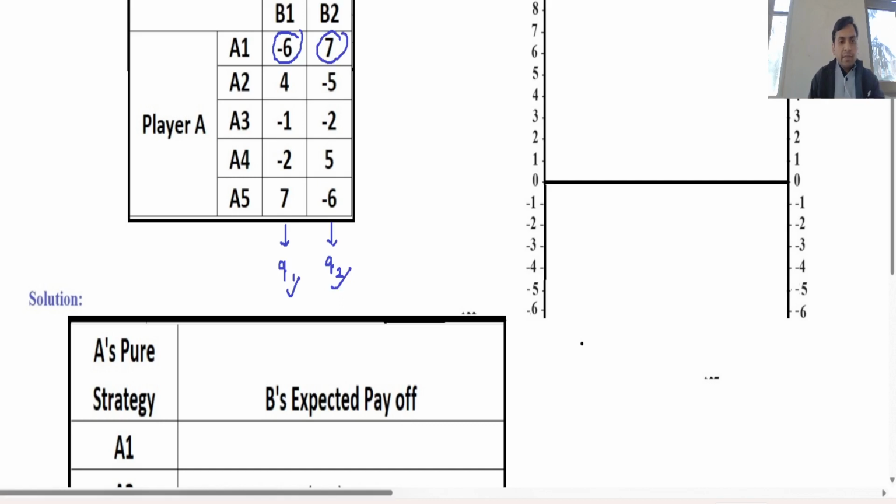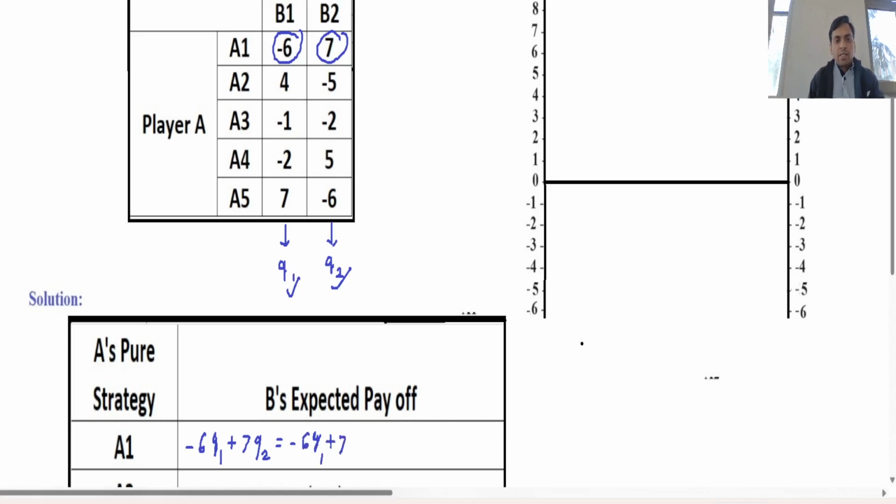So we can write this as minus 6 into Q1 plus 7 into Q2. And for this Q2 you can replace this as 1 minus Q1 because total probability is 1.